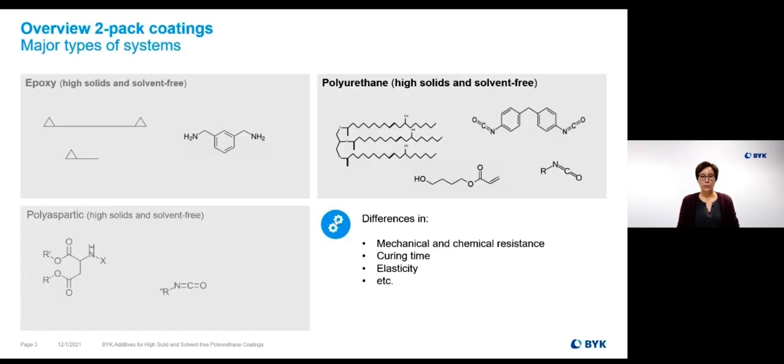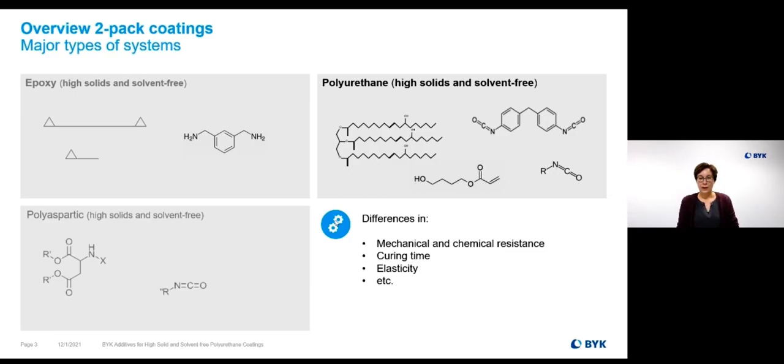When we talk about 2-pack coatings, we differentiate between 3 main systems. So the 3 major types of systems are the 2-pack epoxy systems, the topic of yesterday's sessions together with Adil. There are polyaspartic systems, a very special type of 2-pack systems we will not focus on today. And we have the normal or typical polyurethane systems, today with a focus on high solid as well as solvent-free.